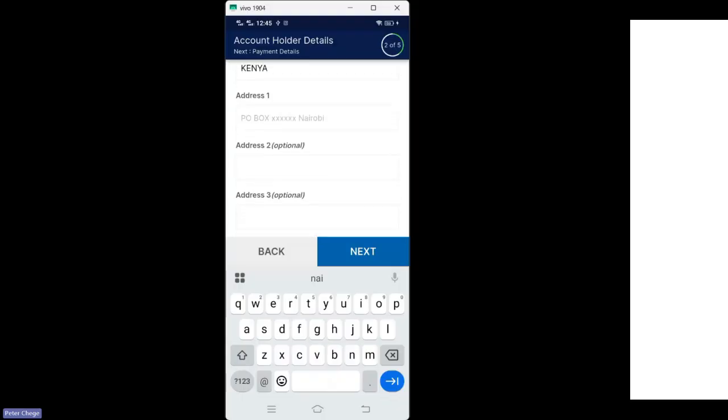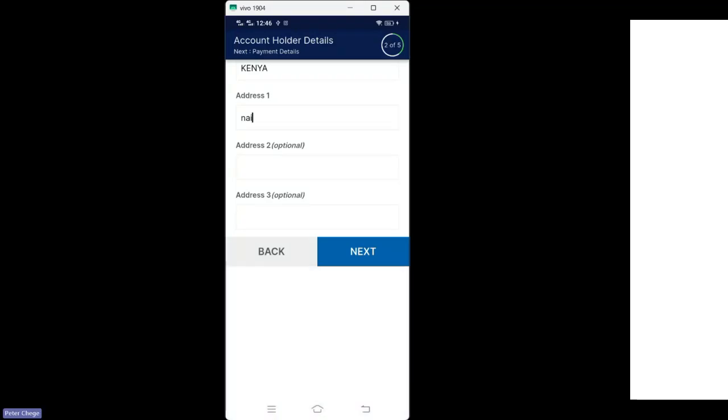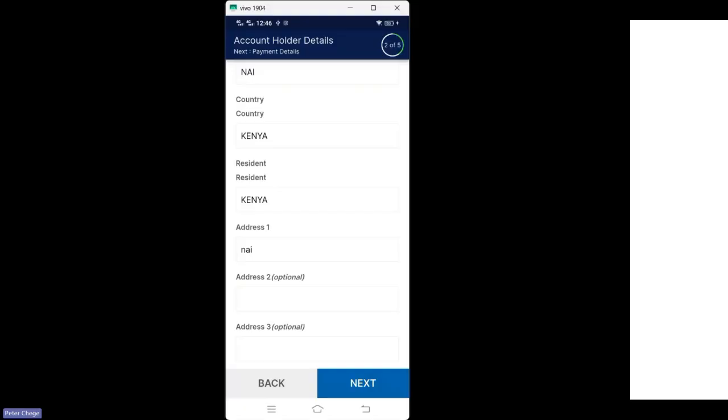Now here is very important, address 1. If you intend to get a check as the dividend, put PO box in full. However, if you don't have a PO box, you just put town, like Nairobi. I won't put full details. Then address 2, address 3, just ignore them, they are optional. You click next.